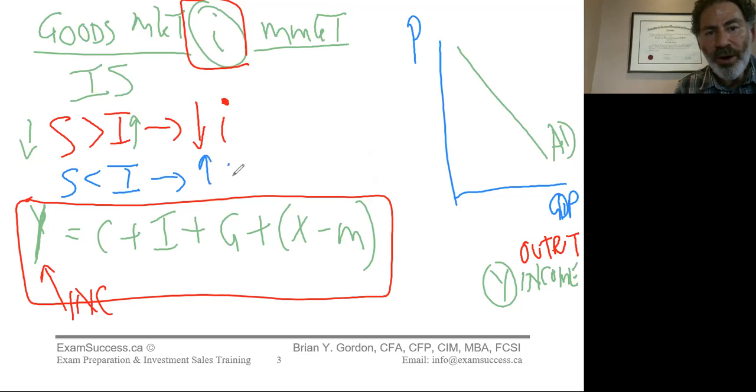Interest rates will rise. What will the increase in interest rates do? Well, it will stimulate savings. Remember, this is just in theory. And it will decrease or discourage business investments. The cost of building these factories becomes too expensive. Brings us back to equilibrium.